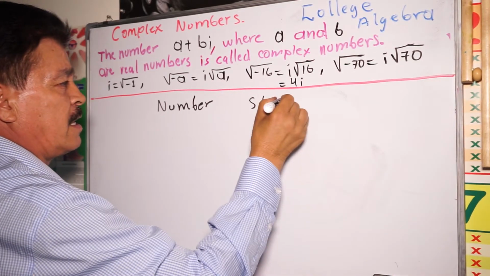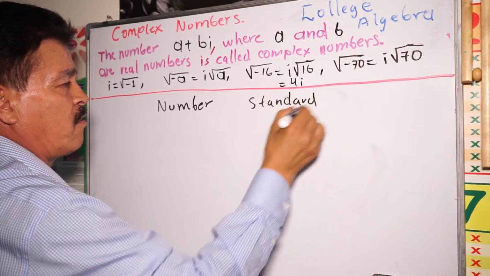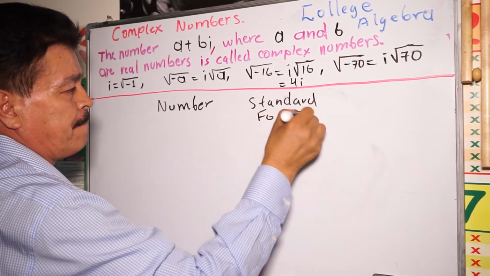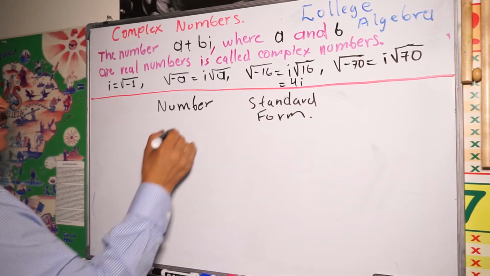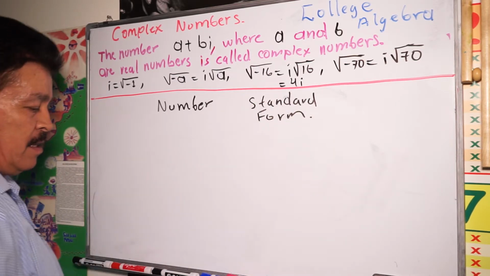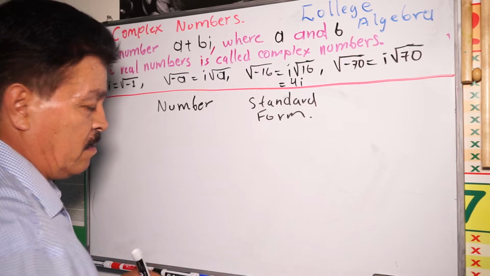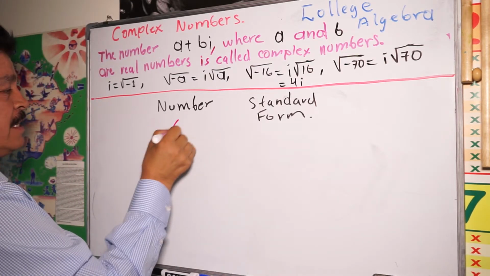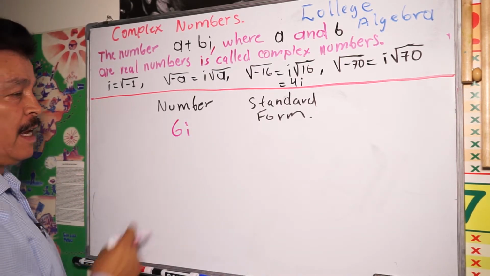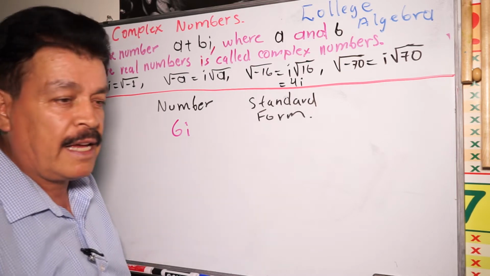Standard form. Okay, standard form. You have for the 6i, this is the number 6i.